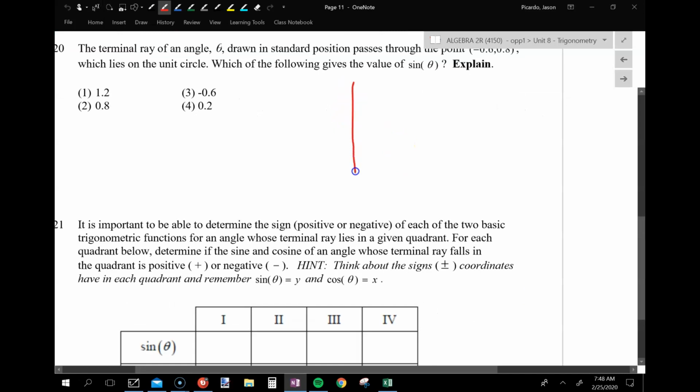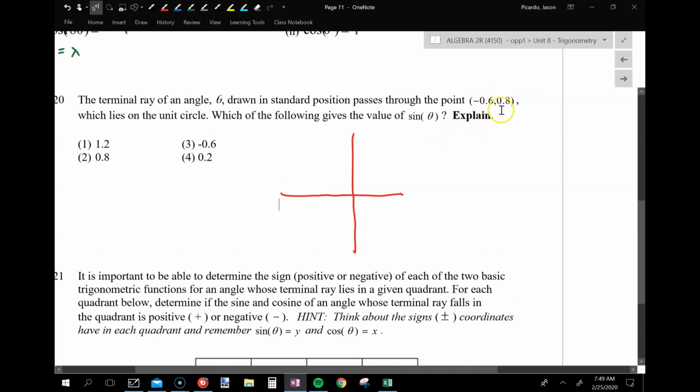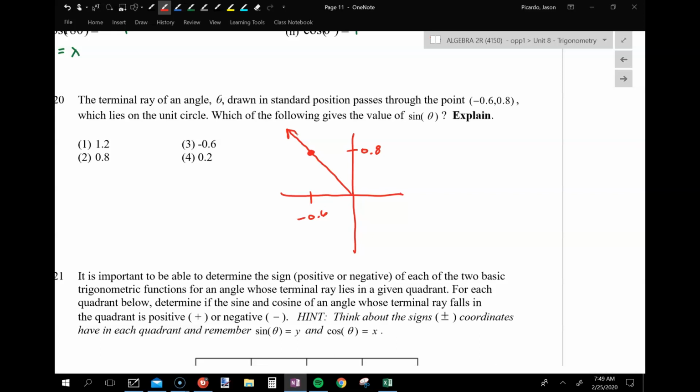So they said that there's a terminal ray that goes through the point negative 0.6 and 0.8. Well, negative 0.6, 0.8 would put me here. And it said that there's a terminal ray that goes through it. It also said that that point lies on the unit circle.